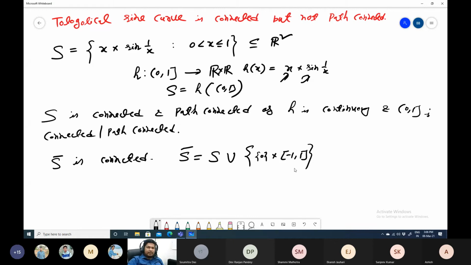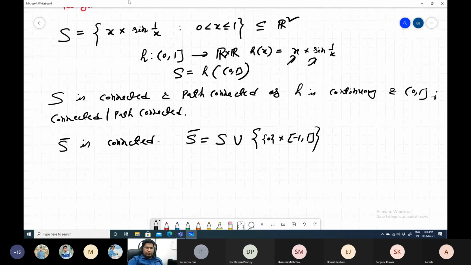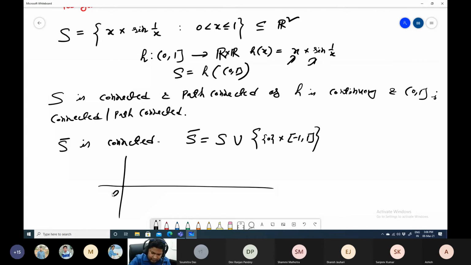Why? You can ask why. Because now look at this curve. What is that? So that is 0, so that is 1. Now what was that map actually? It starts from 1, say sine 1, the point 1 cross sine 1. See this. And it goes like this, and near 0 it oscillates in this way. It will not touch this line, but it is oscillating near 0.